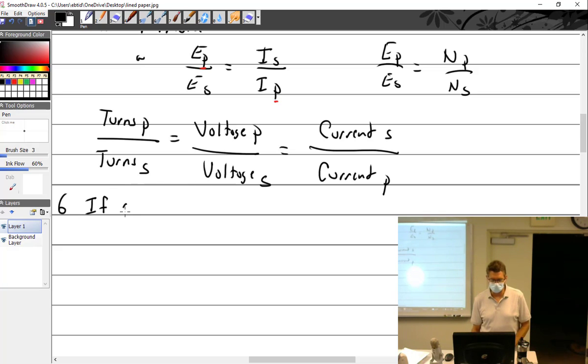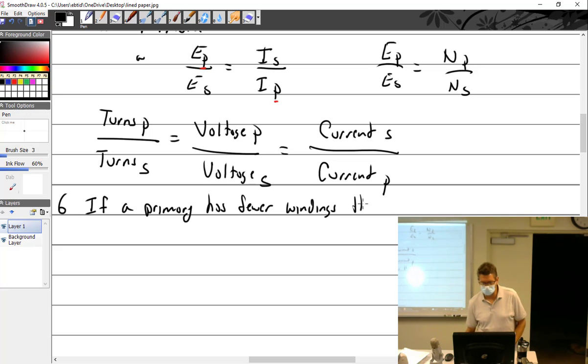So if a primary has fewer windings than a secondary, it is a step-up transformer.